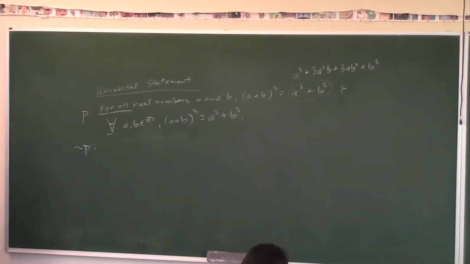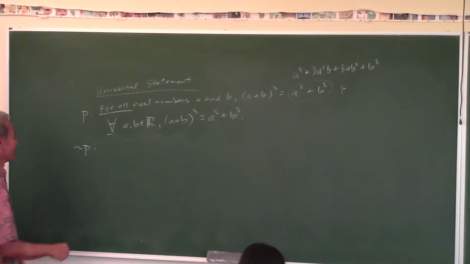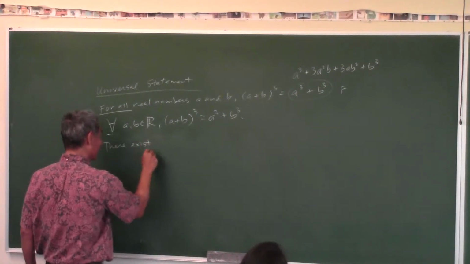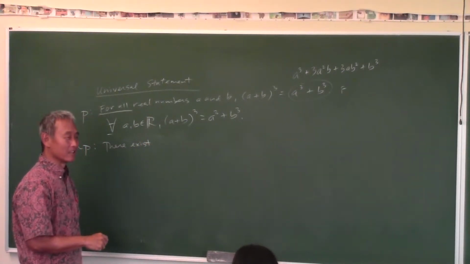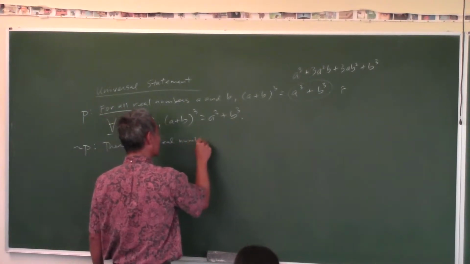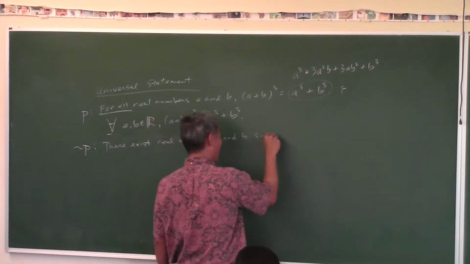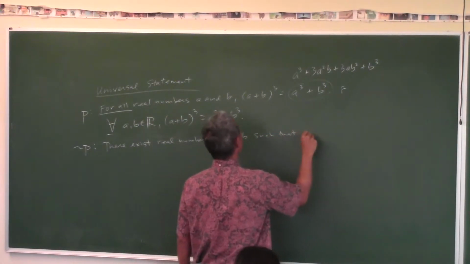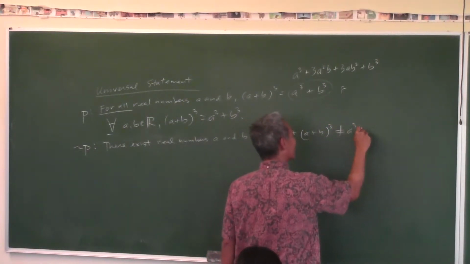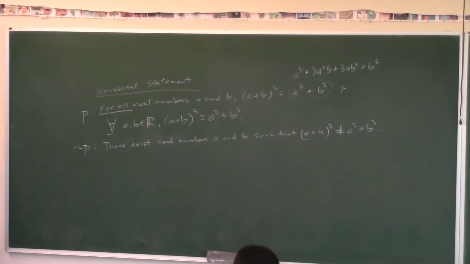So, the negation of this, you know what? Just to save time, I'm just going to tell you what it is. There exist real numbers A and B such that (A plus B) quantity cubed is not equal to A cubed plus B cubed. This is how you negate a universal statement.